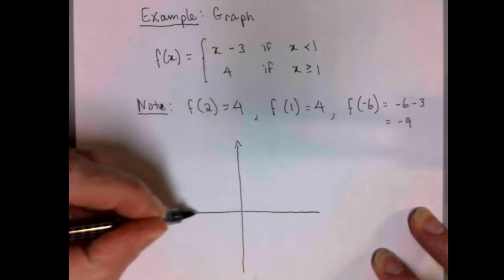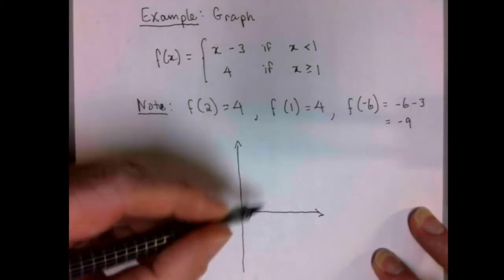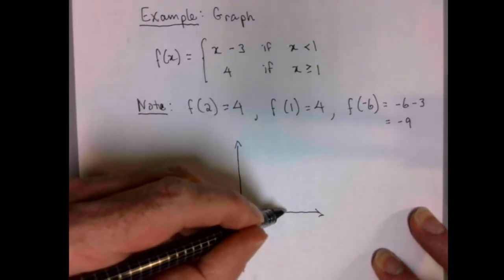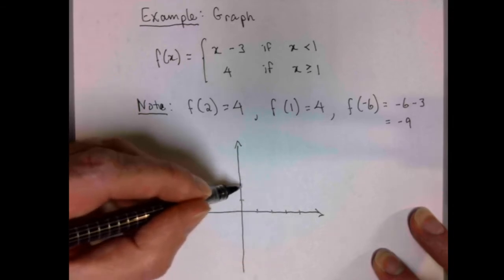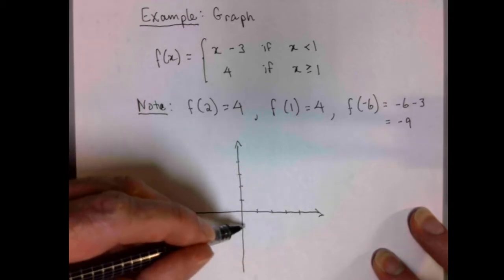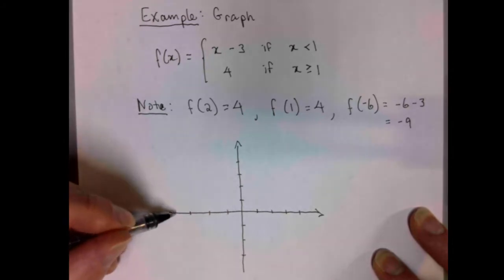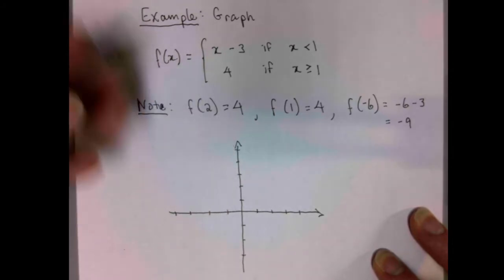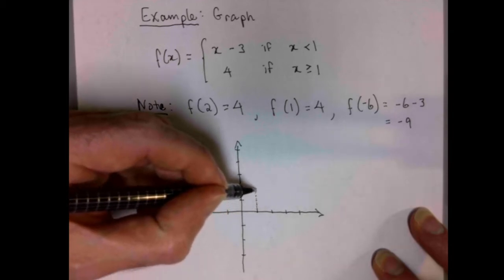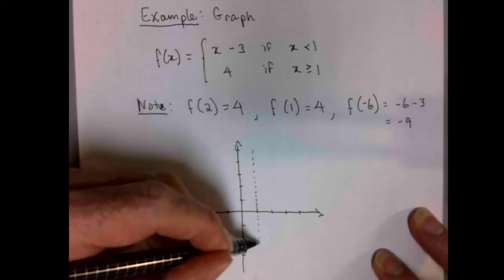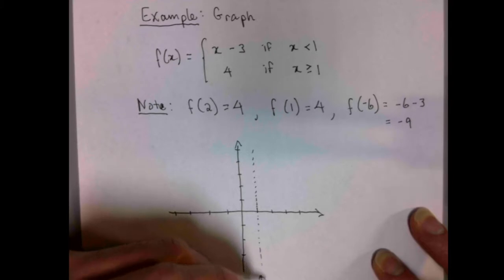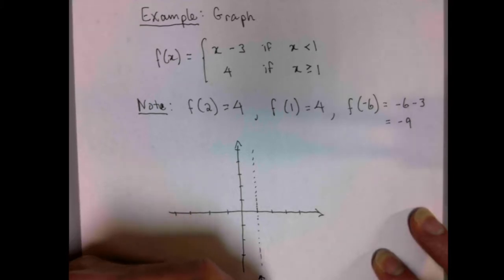Okay, so I'm going to draw a set of axes right here. Okay, so this is not really part of the graph. I'm going to draw a little dotted line right there, and that's at x equals 1.